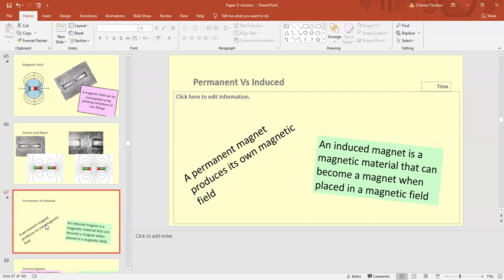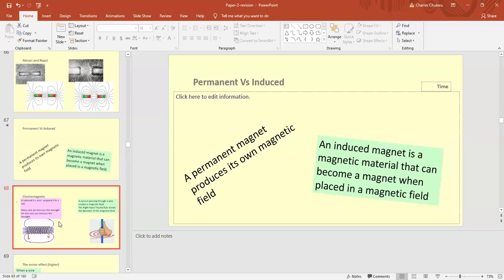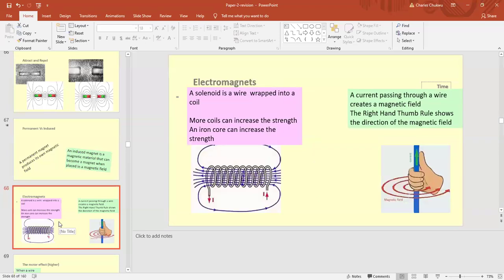Okay. Have you seen that kind of scenario play out before? Yes. Okay. So that's just an example of what? Induced magnetism. Okay. Take a look at these diagrams. Do they look familiar? Yes.